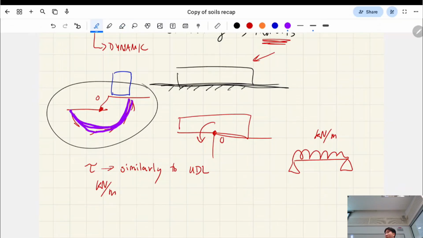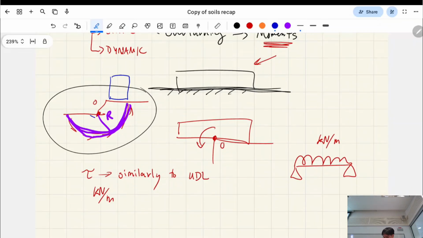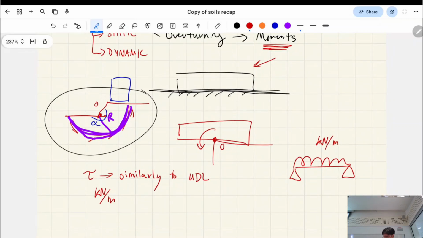the shear strength of the soil, which is a material property, by the arc length of the slip. Right, so R is the radius. That angle is alpha. The arc length, let's call it L, so L is R times alpha, with alpha in radians.